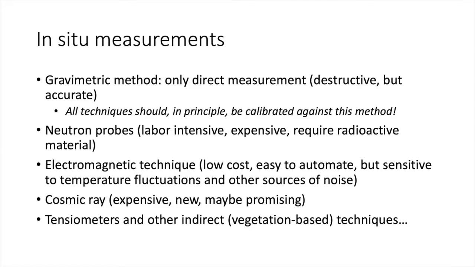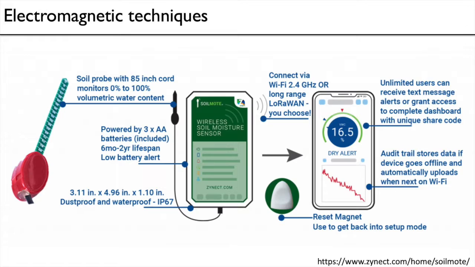There are a handful of electromagnetic techniques, which are probably the most common, widely used ones that you'd be familiar with. The basic idea is that water conducts electricity pretty well, right? So if you can run an electrical current through a segment of soil, that should, in principle, tell you about how much water is there.